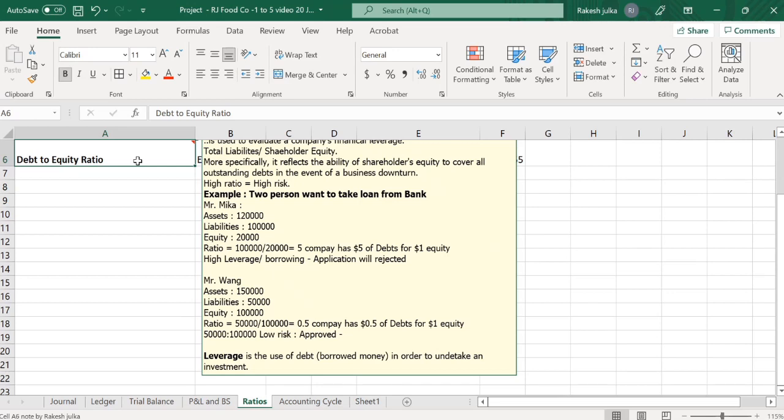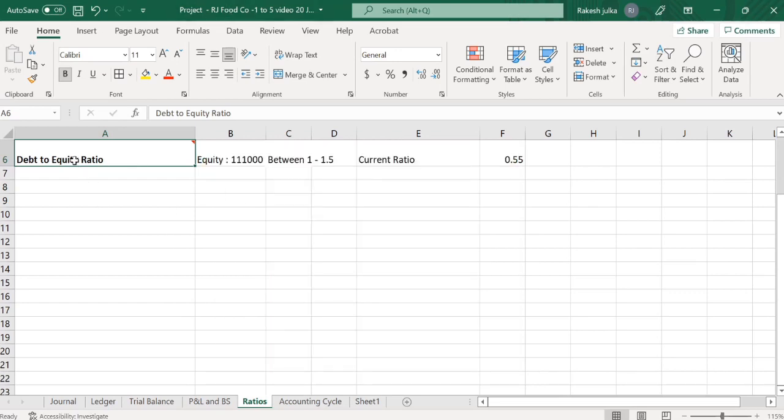High ratio is risky, low ratio is not risky, this is safe. It is just like the assets, the liabilities, the equity, the three figures we have, and the liabilities are more than how much money we have. That's a simple thing.